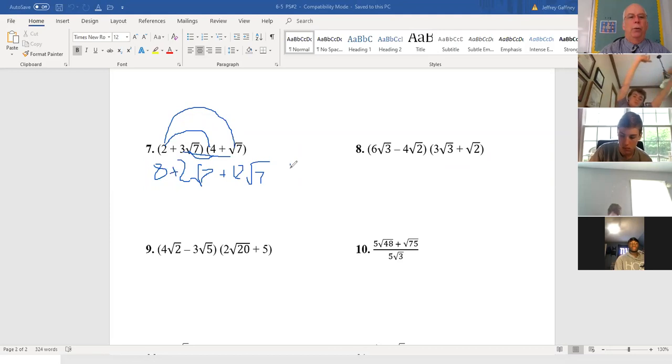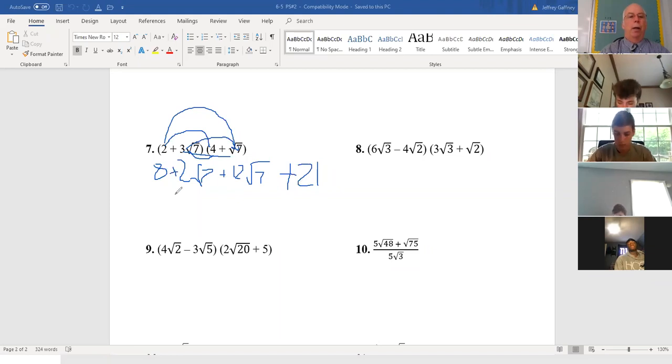So this equals 21. Does everybody see where I got the 21 without writing it all down? The 21 comes from the 3 radical 7 times the radical 7, right? Does anybody see where that comes from? Do I need to go into any more detail?